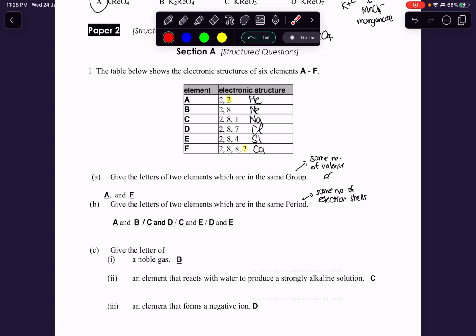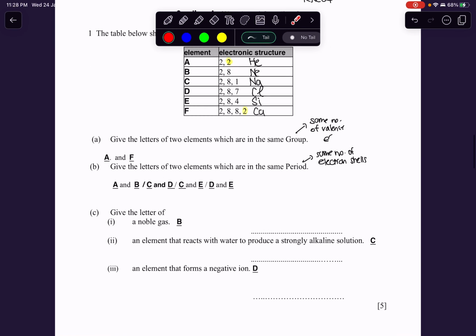So your answers are either A and B because both have 2 shells each, C and D because both have 3, C and E both have 3, or D and E. You cannot pair F with anything because F has 4 shells because of the last 2. And A and B cannot pair with anything else but each other.